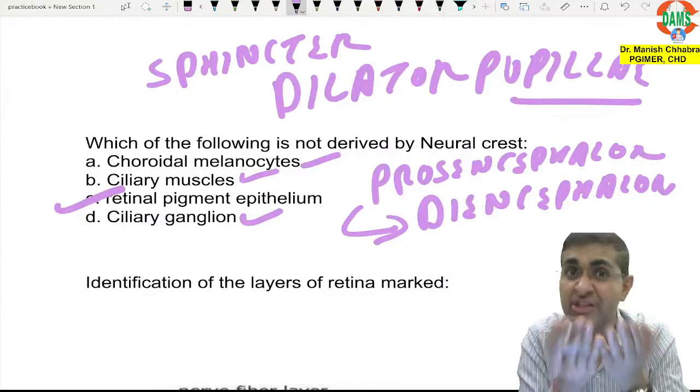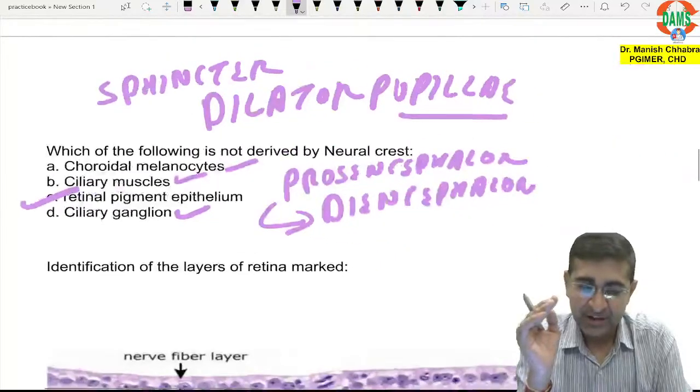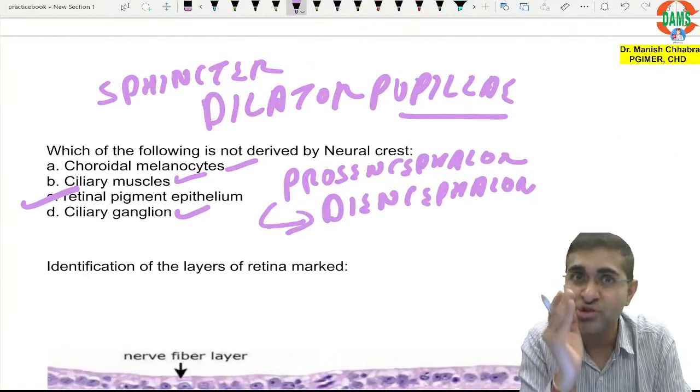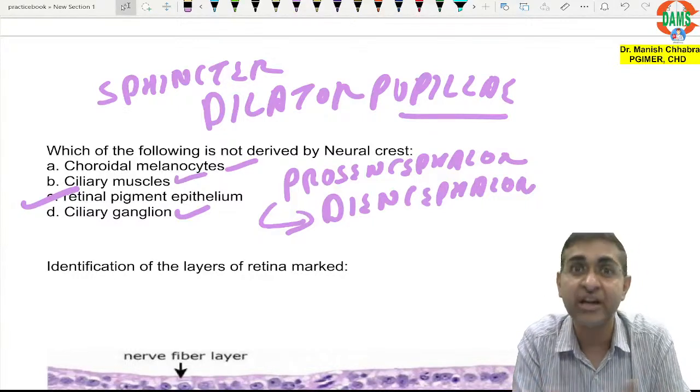From which structure are they derived? The answer is not mesoderm, as most of you students will think, because we know muscles are derived from mesoderm.